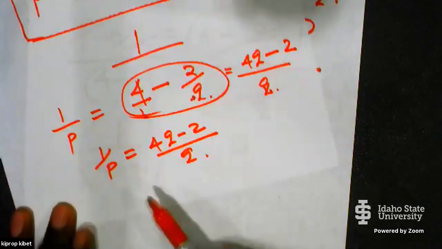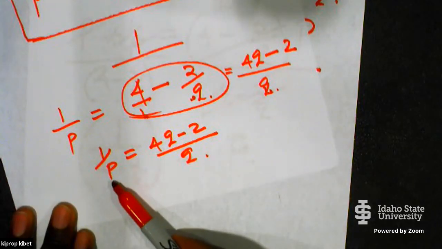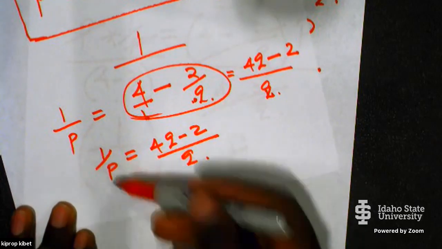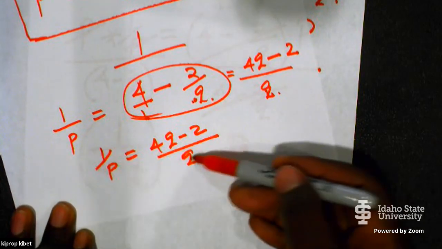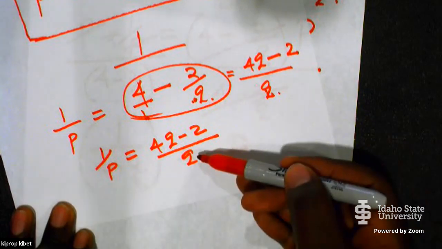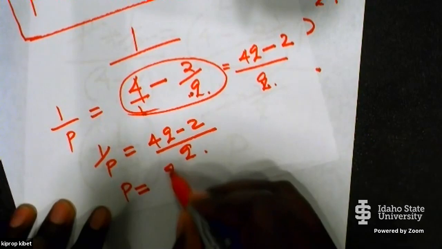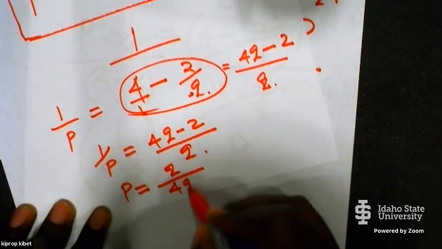Now, say you want to make p the subject. So you take this one up, you also take this one up and bring this one down. So finally, it will be p equals q all over 4q minus 2.